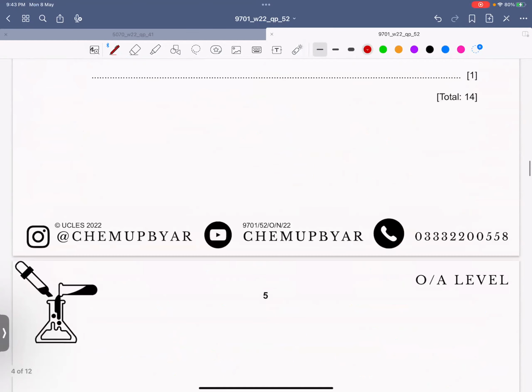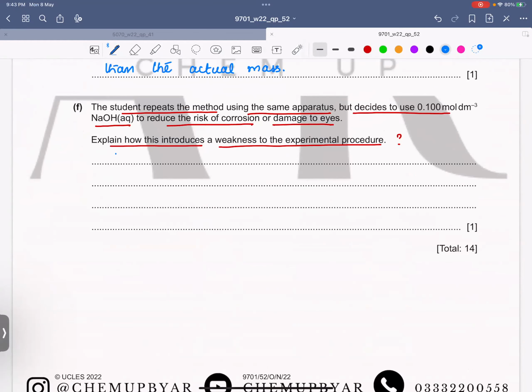So on using 1 mole per dm cube sodium hydroxide, the volume of sodium hydroxide used is 16.25 centimeter cube, and we have added it from the burette, right?